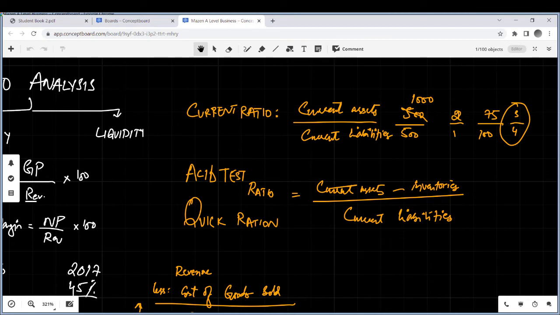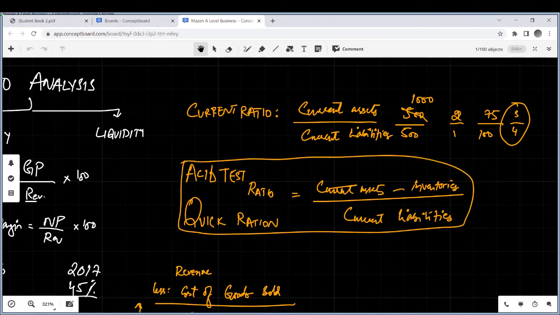Why do I keep putting n? It's not ration, it's ratio. Write it down, then I'll explain it. The quick ratio is the acid test.